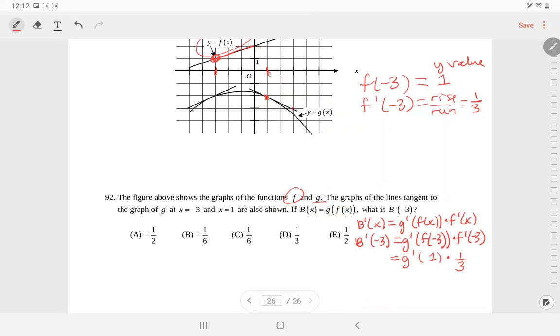Well, kind of down 1, right 2. So I guess g prime of 1, yeah, and I definitely want 1, is the slope, right, of g at that spot. So I would say it's down 1, right 2. So for rise over run, that would be -1, +2. So -1/2. So let's see if that works. -1/2 times 1/3 is -1/6.